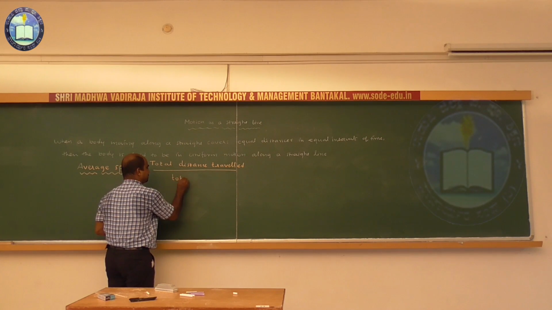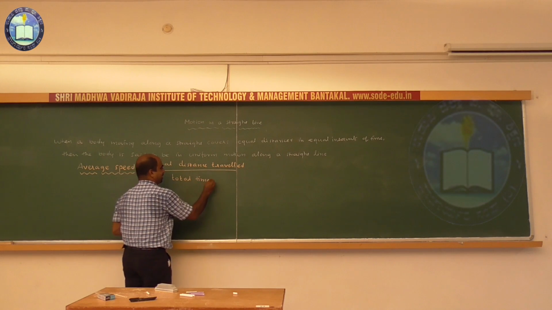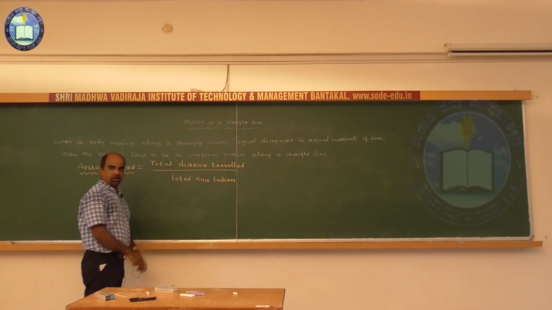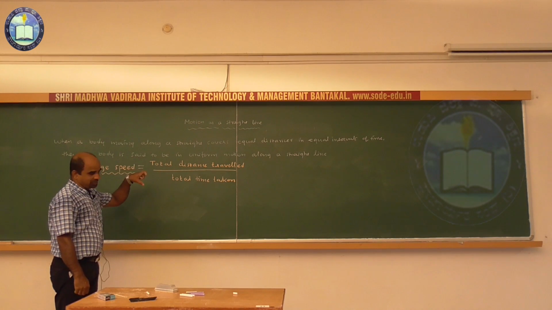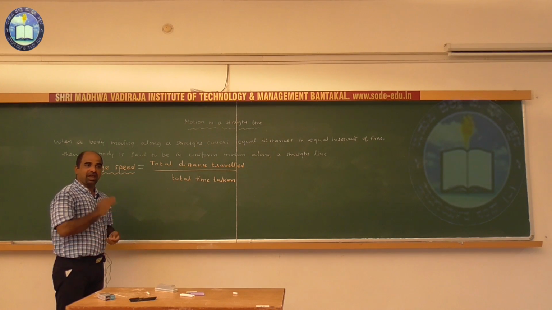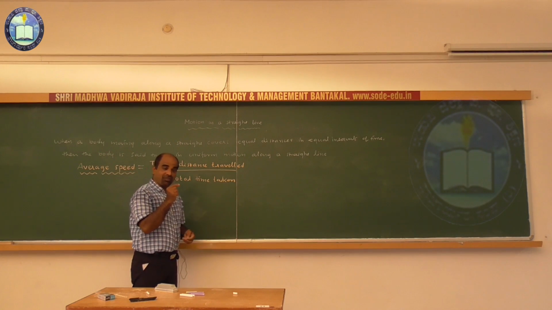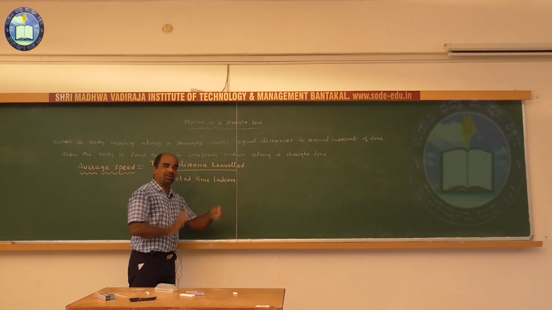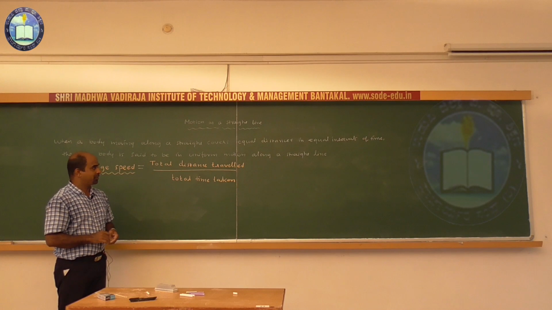It is nothing but average speed. What is average speed? Total distance traveled by total time taken. The average speed is the measure of the overall effect of the motion in a given interval of time.